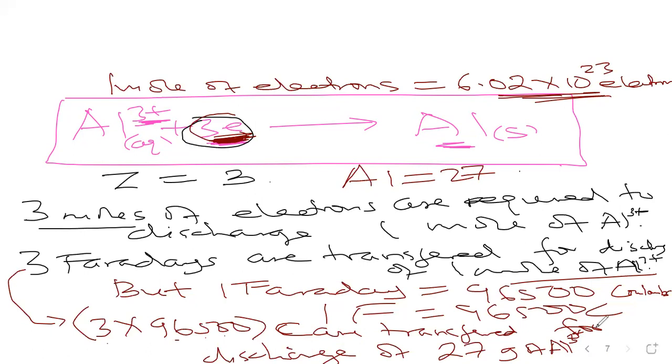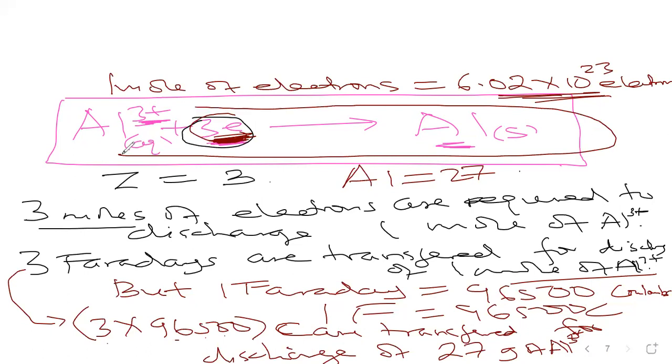I'm getting a lot of information from this equation. And that information is going to be very useful to me in case I'm doing calculations. So which other information do I have? These are 3 moles of electrons or 3 Faradays, each Faraday having that amount of charge in terms of coulombs.